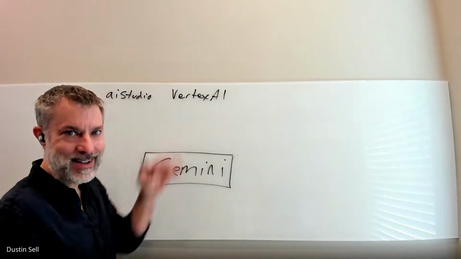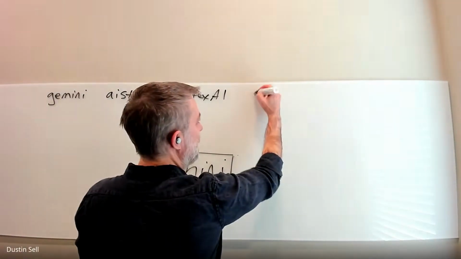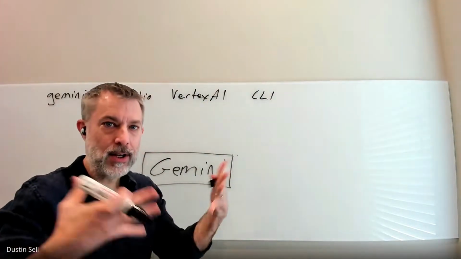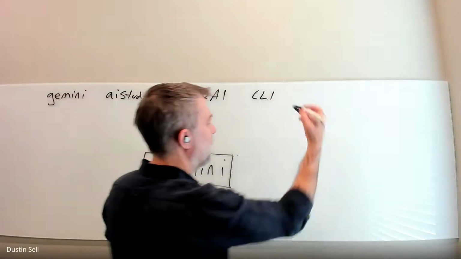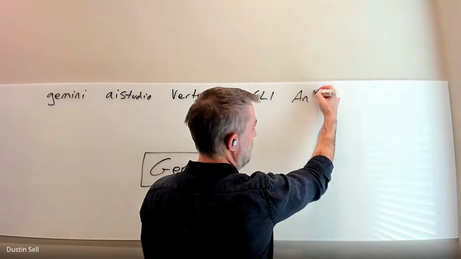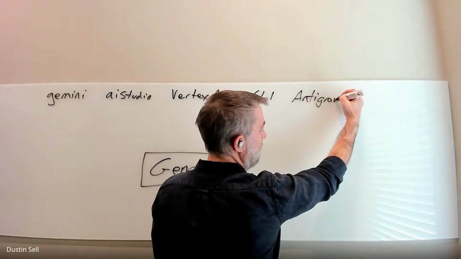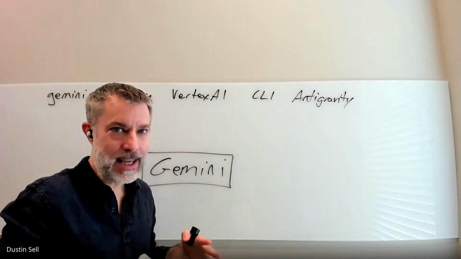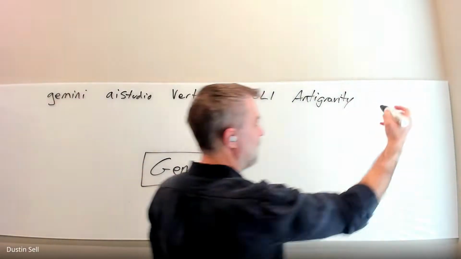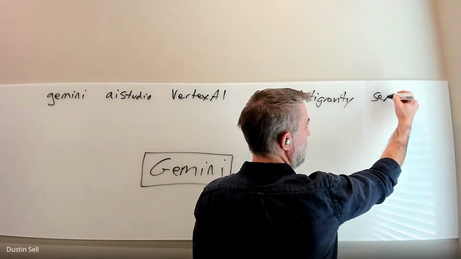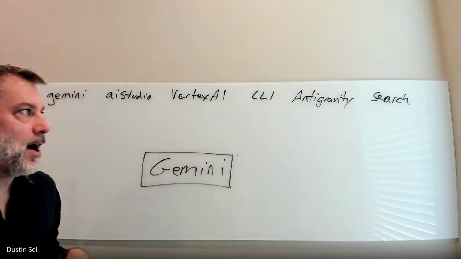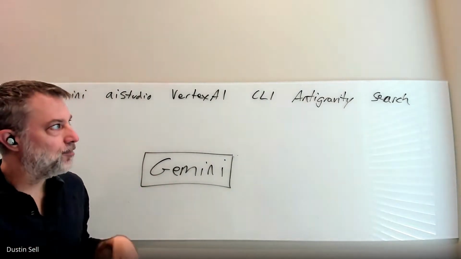We'll take a look at that as well. And then you might have seen there's the Gemini CLI that you can leverage from your command prompt. And the list goes on and on. There's Anti-Gravity, which is our agent-based IDE for building out applications. And then, of course, you might have seen it show up in search as well through AI Overviews.